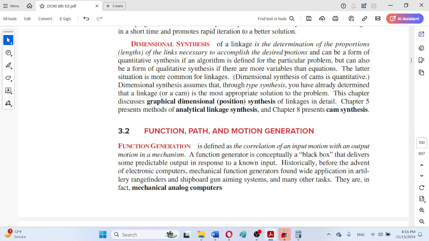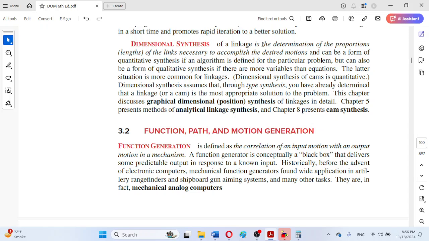So dimensional synthesis guarantees the required motion, because we first apply the Grubler formula and solve the problem to obtain a given DOF, for example 1 DOF or 2 DOF, depending upon the given count of links.